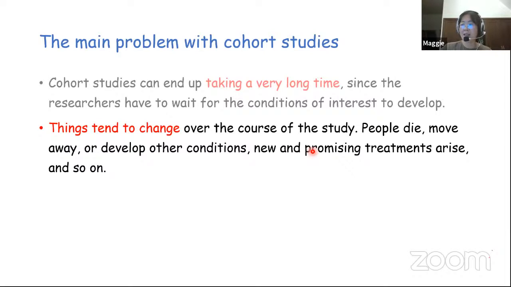Some people may die, they may move away so you cannot contact them anymore, or maybe they developed other conditions. For example, the smokers may develop asthma, and maybe they have hypertension, which may affect the development of lung cancer. And also during this long time, new and promising treatments may come into use. All these factors can affect the conclusion of your study.